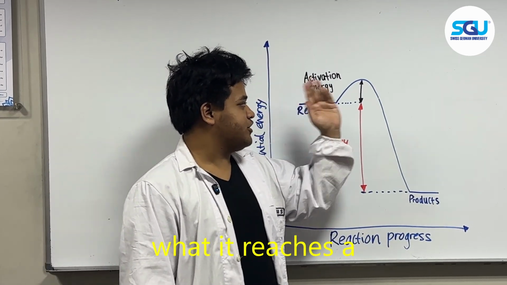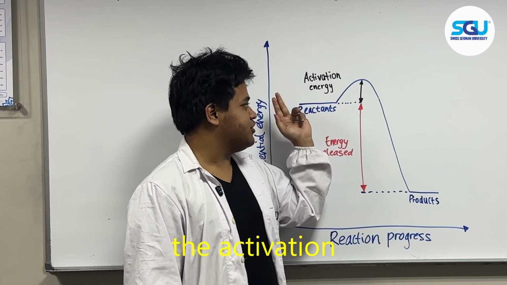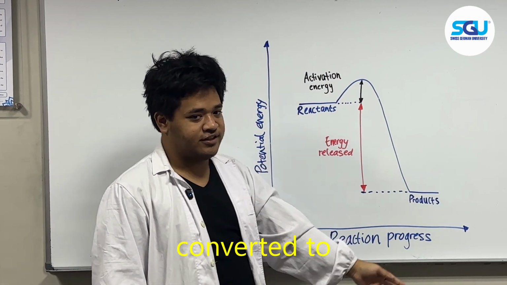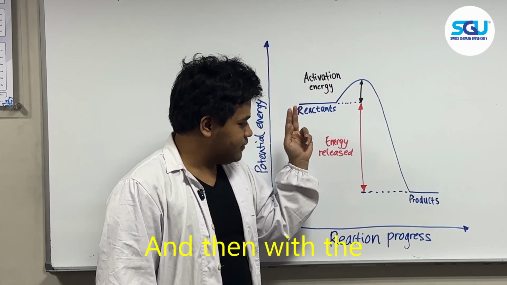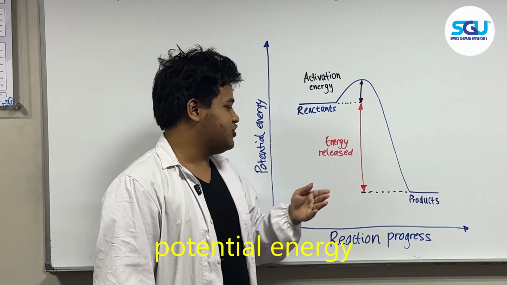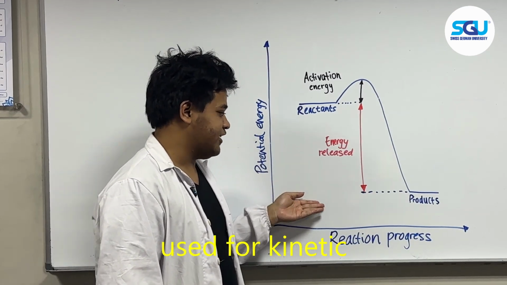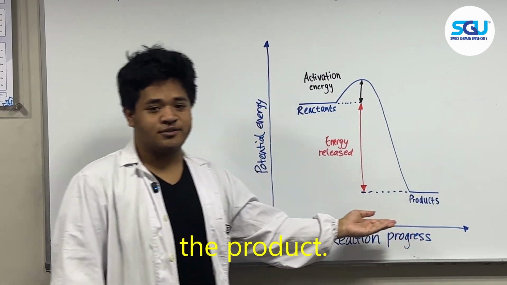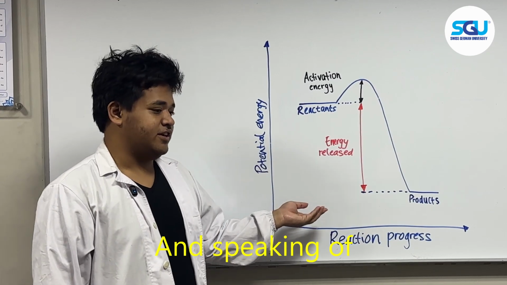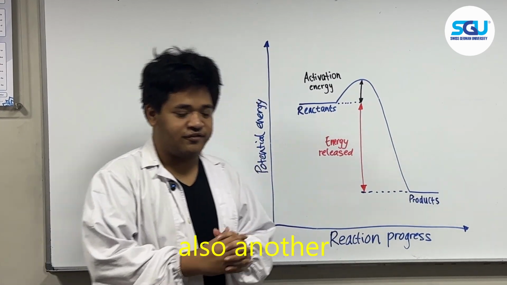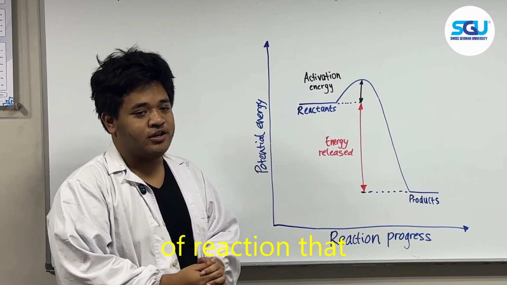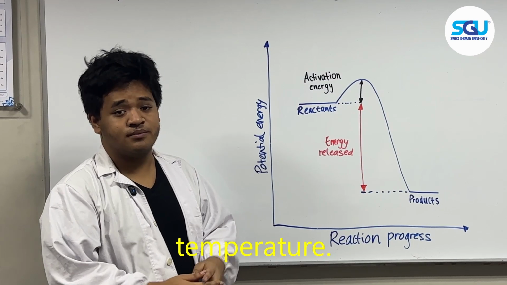Then, when it reaches a certain point, the activation energy is reached and it can be converted to kinetic energy. And then with the reaction happening, potential energy drops as it is used for kinetic energy, and we can get the product. And speaking of kinetic energy, it is also another factor that increases rate of reaction that is affected by temperature.